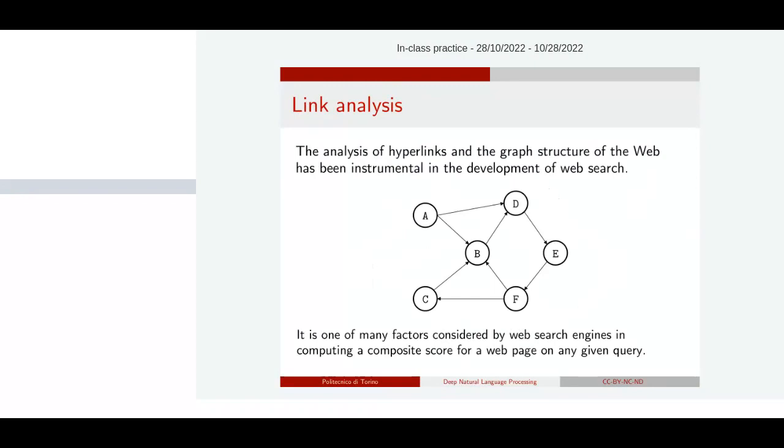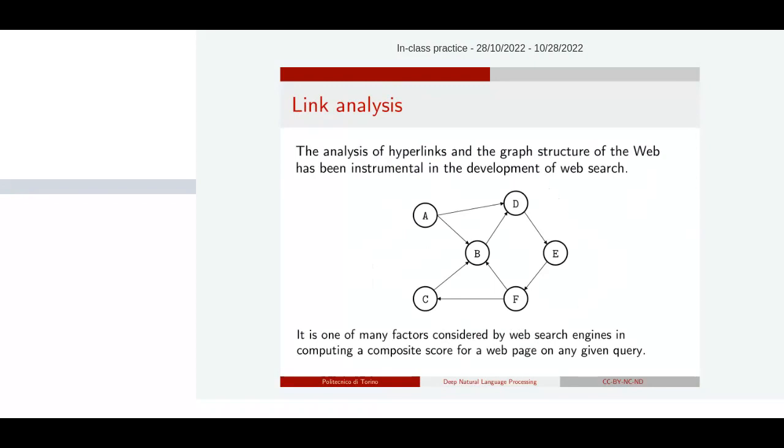Okay, the thing that is very relevant when passing from search engines to web search engines is the fact that we have this kind of structure. This is a graph structure, and we want to perform some kind of link analysis on this data structure to have some ideas on not only if some web pages answer my query, but also if they are actually relevant overall.